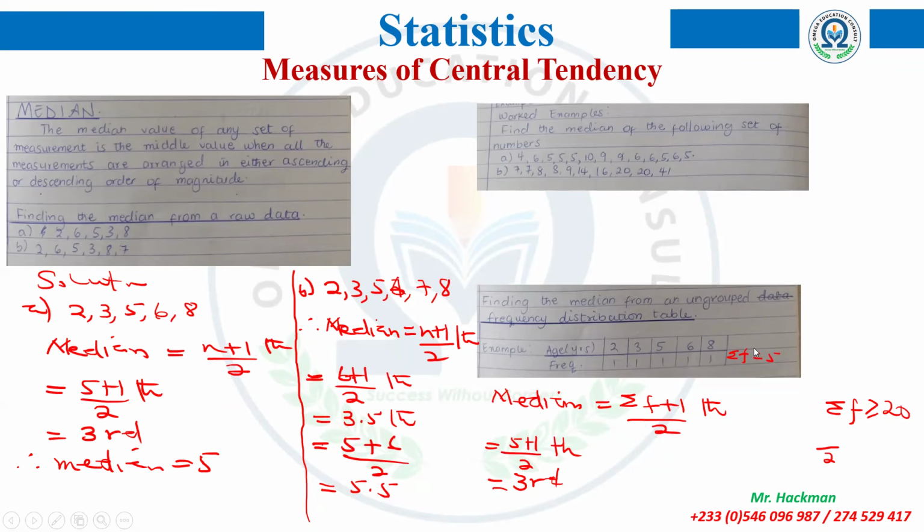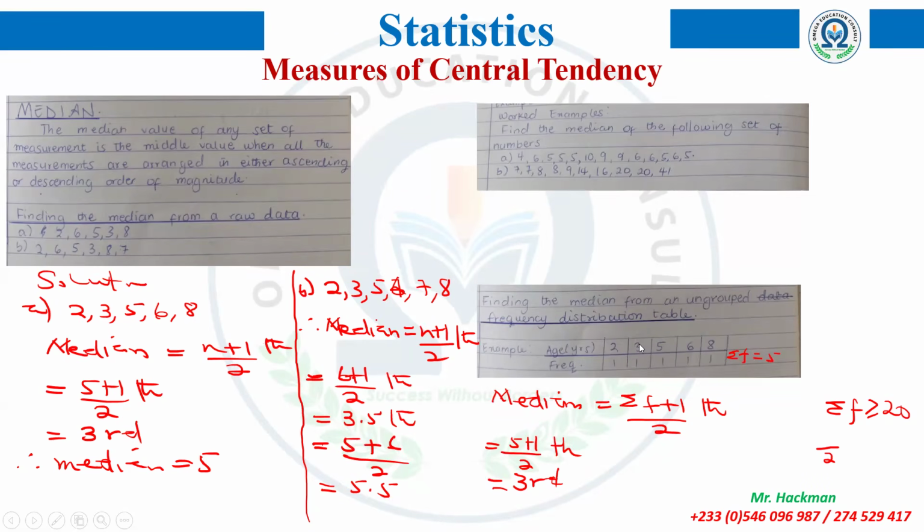Now if I want to count, my first observation will be occupied by the number 2. My second observation will be occupied by the number 3.